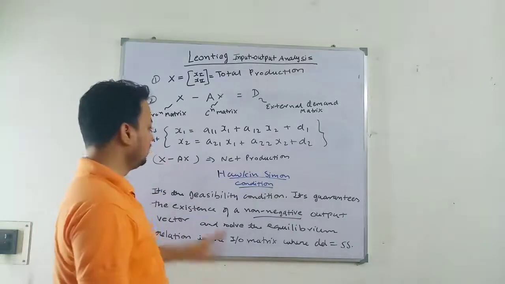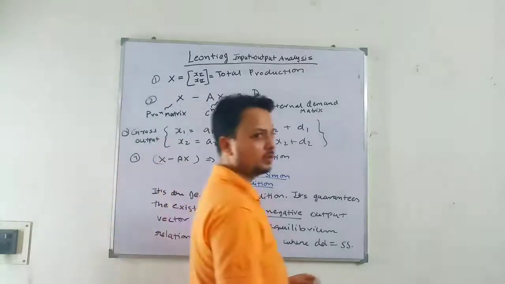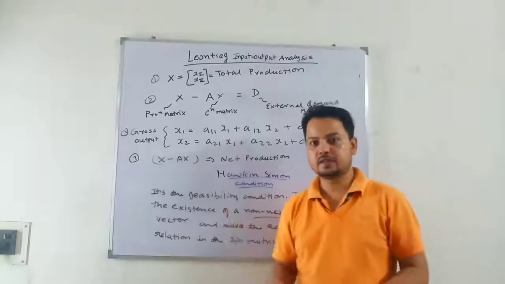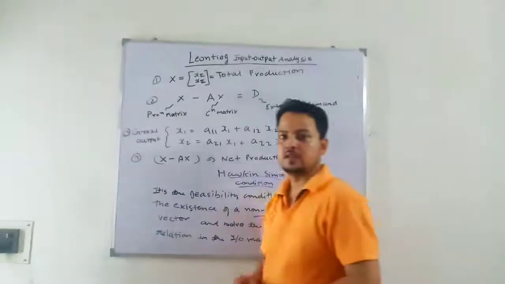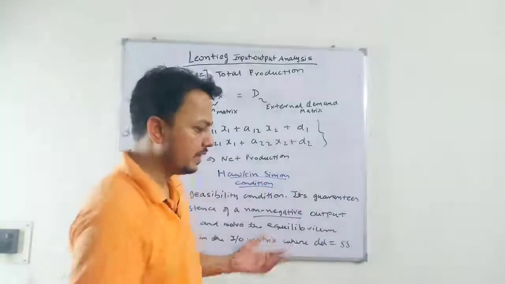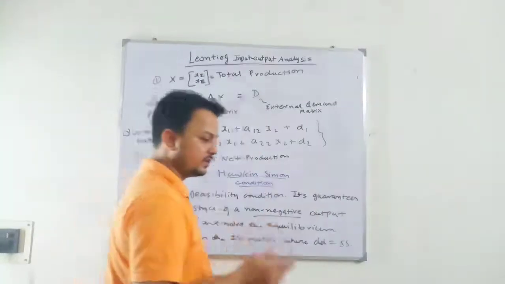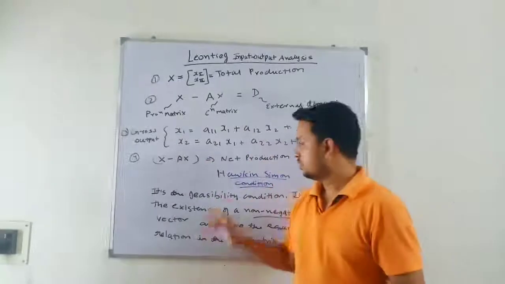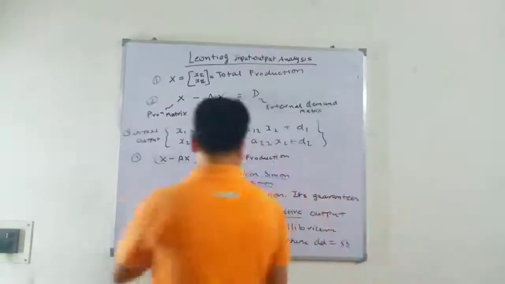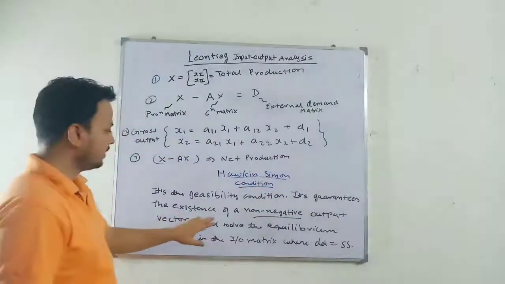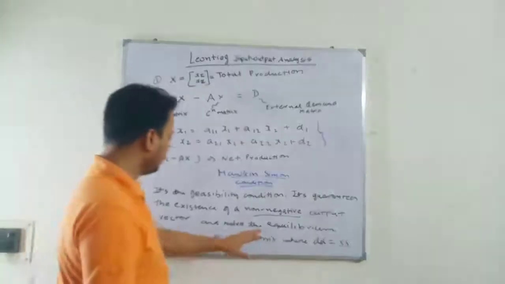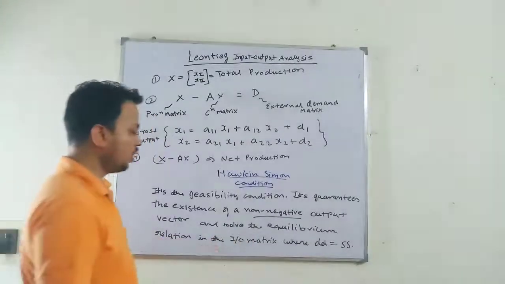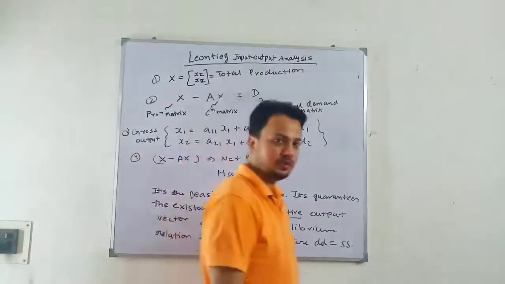What is the Hawkins-Simon condition? This gives us the feasibility condition. When we have equilibrium, you can say this is the existence criteria. What it says is that it guarantees the existence of a non-negative output and solves the equilibrium relation in the input-output matrix where demand equals supply.